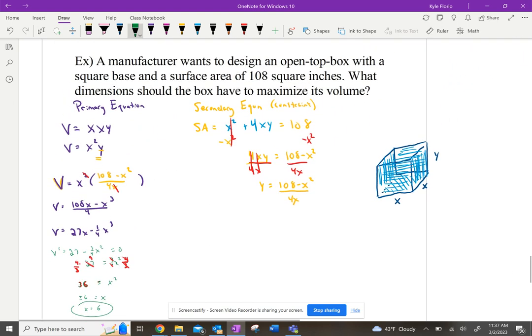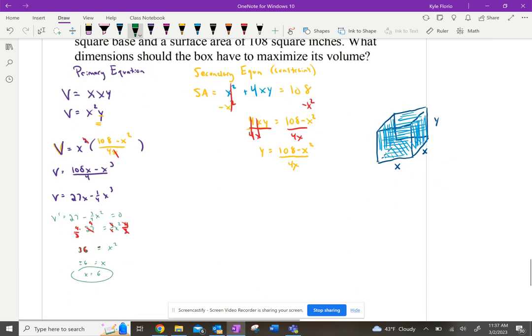Okay, so what dimensions should we have to maximize the volume of the box? Well, the base has to be a 6 by 6 square, and the height is going to be 108 minus 6 squared, which is 36, over 4 times 6, which is 24. Which comes out to 3.